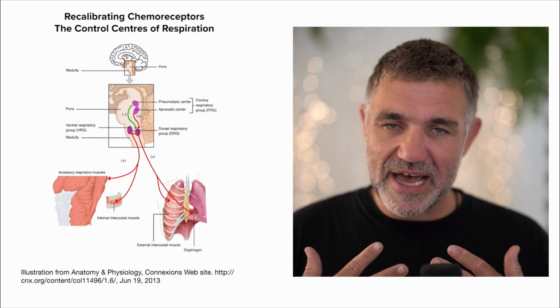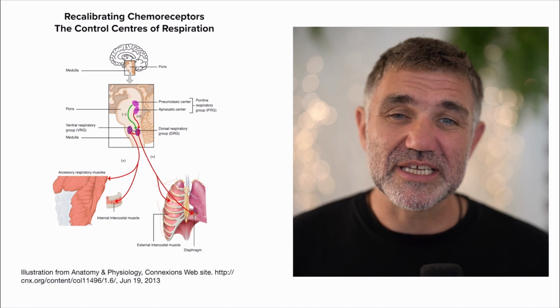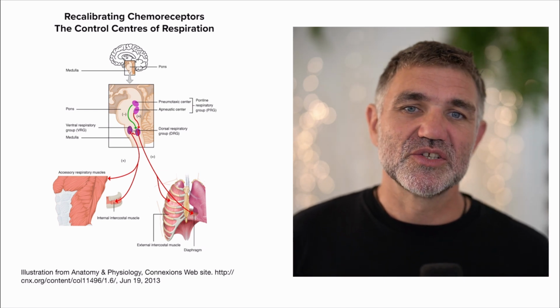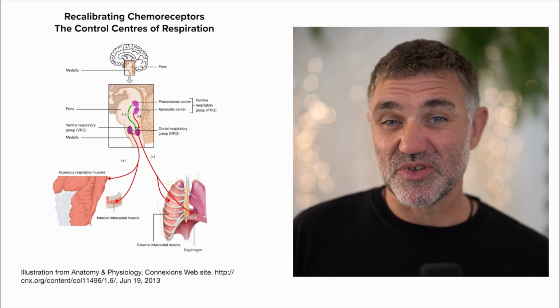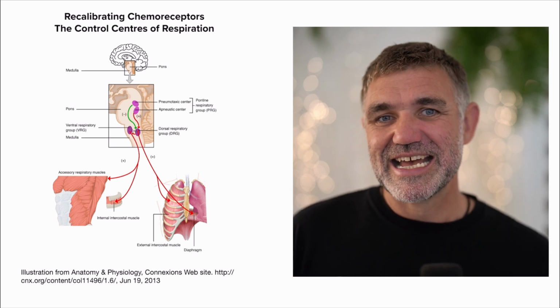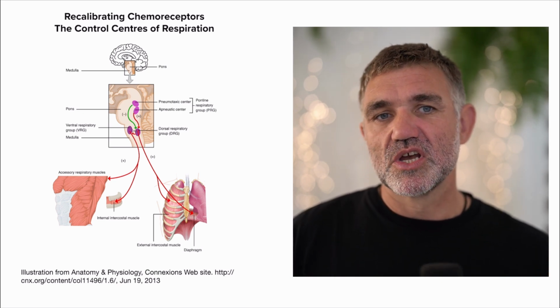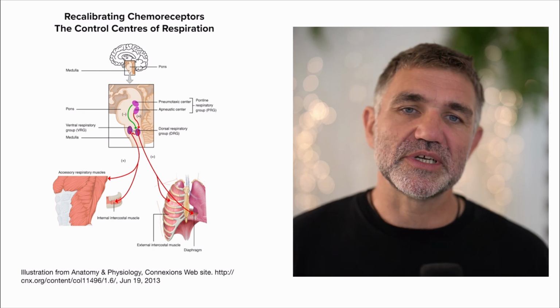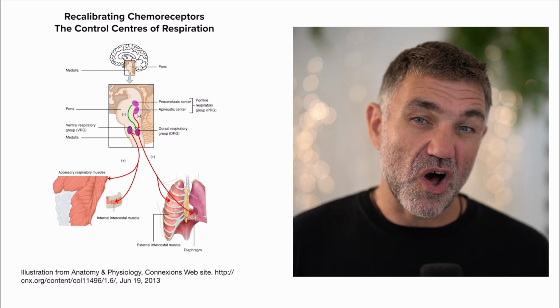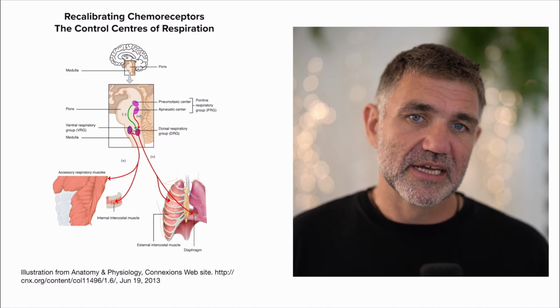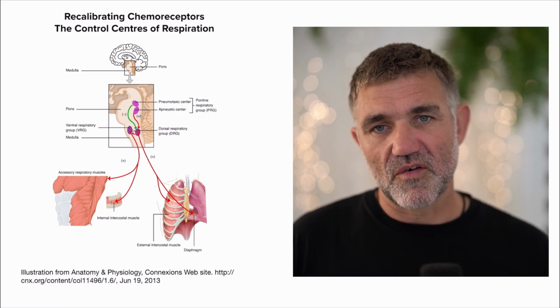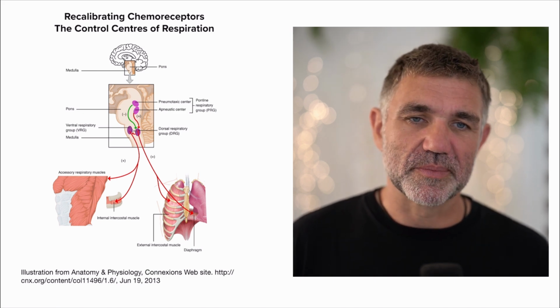We keep that, and this forces adaptations to the chemoreceptors, to these structures in the brain, because they're neuroplastic in nature. We force these adaptations to recalibrate, to make them tolerant, or to optimize their level of sensitivity to carbon dioxide.